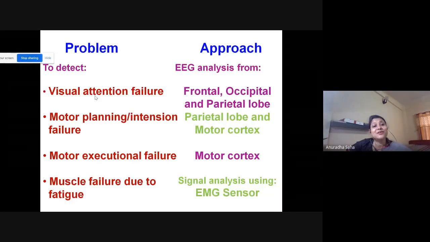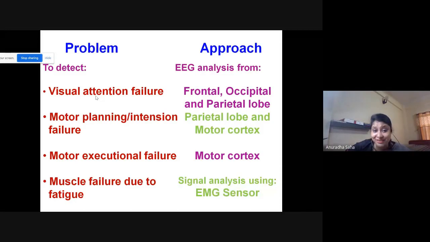So even if the driver is visually alert enough, he may fail to plan his correct motor action. If he fails to plan it within the stipulated time, obviously he cannot execute his motor action, and the accident will happen. So motor planning or motor intention failure can be the second cognitive failure of a vehicle driver during driving.